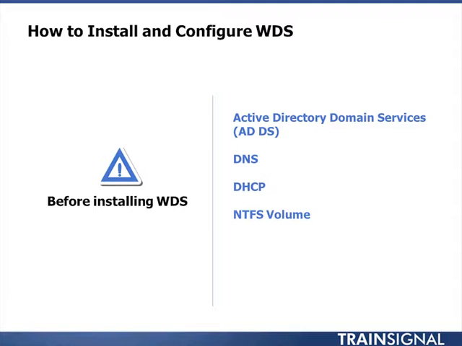And then you also need to have DHCP option 60. Now, we don't cover DHCP in this course, but if you watched our 70-410 Installing and Configuring Windows Server 2012, or also, I believe, the 70-412 Windows Server 2012 Advanced Services course, in either of those two courses, we do talk about DHCP options.